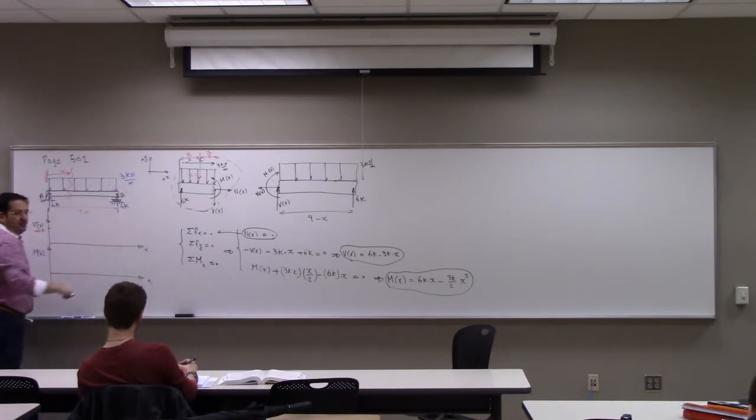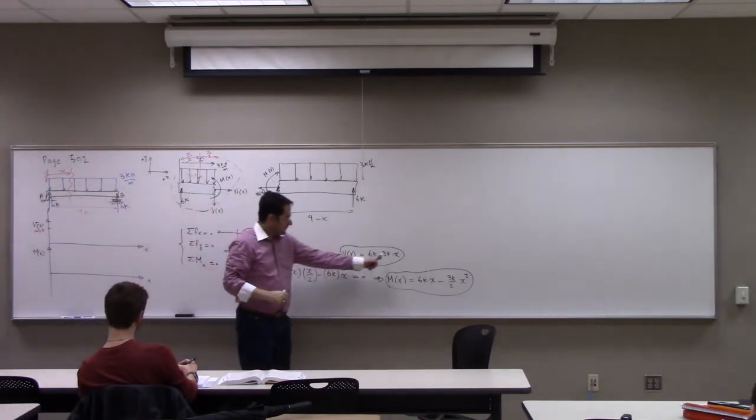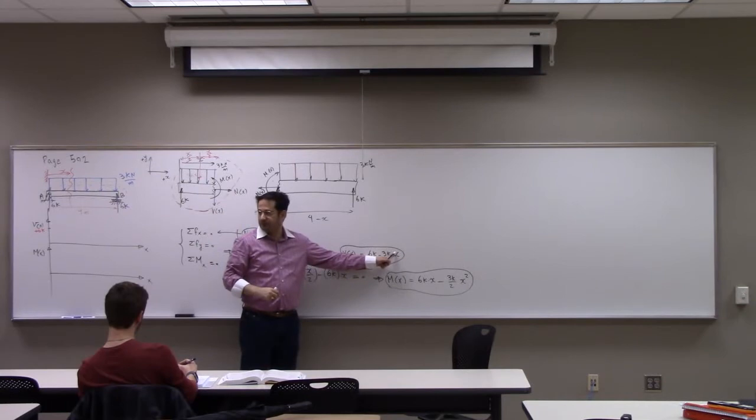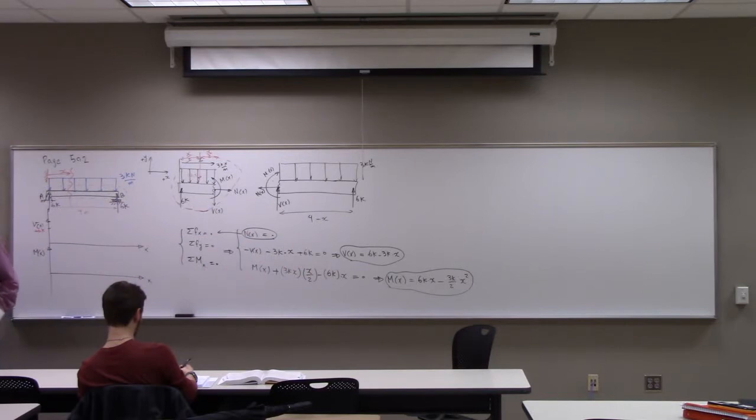What do I get? Put here x equals 4. 3 times 4, negative 12, plus 6, negative 6. It is easy, that's the reason I say we should double check, because it's very easy to mess up.